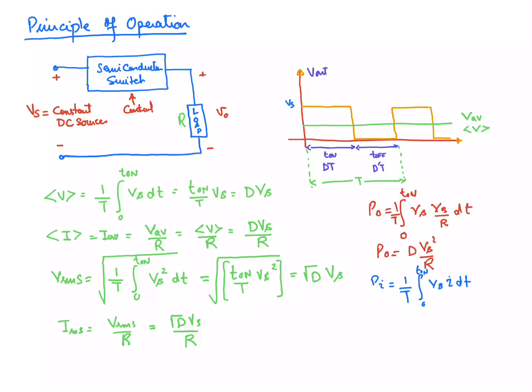And now if you simplify this one, input power again will be equal to duty cycle times Vs square by R. Your input and the output power will be equal to each other, because we are neglecting the losses. We are considering that there is no power loss, right?